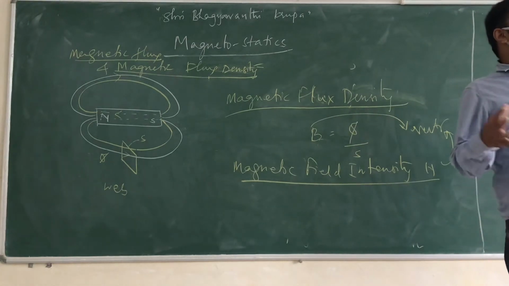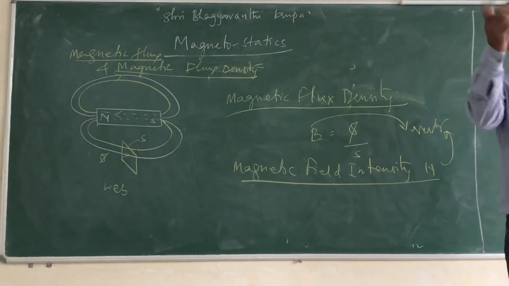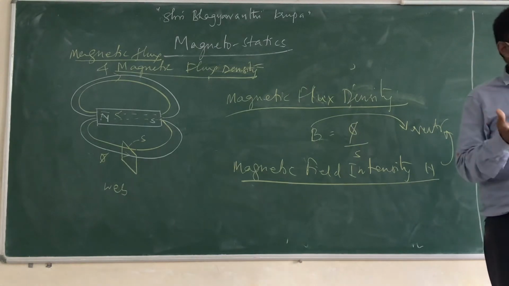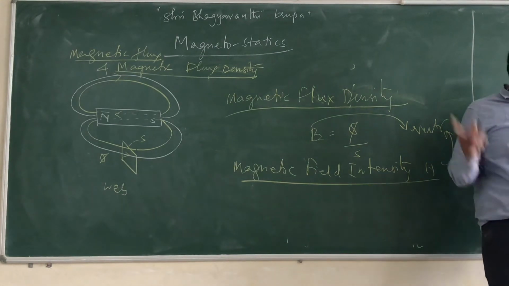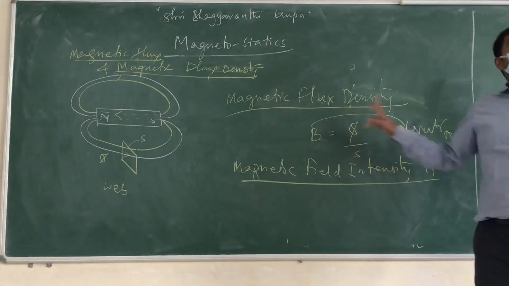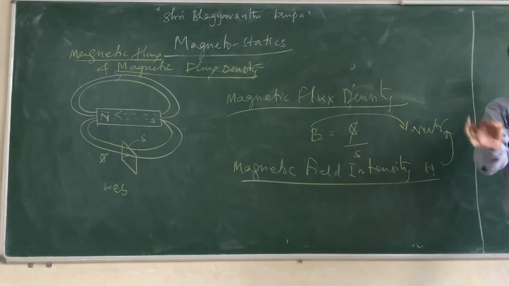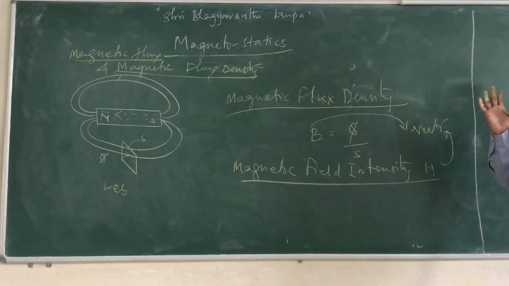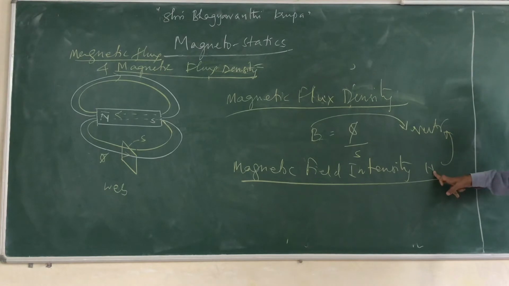It gives how strong or how weak the electric field is. It's a measure of strongness or weakness of electric field. Definitely, this H bar or B bar will measure the strongness or weakness of the magnetic field. The H bar or E bar will measure the strength of the magnetic field.